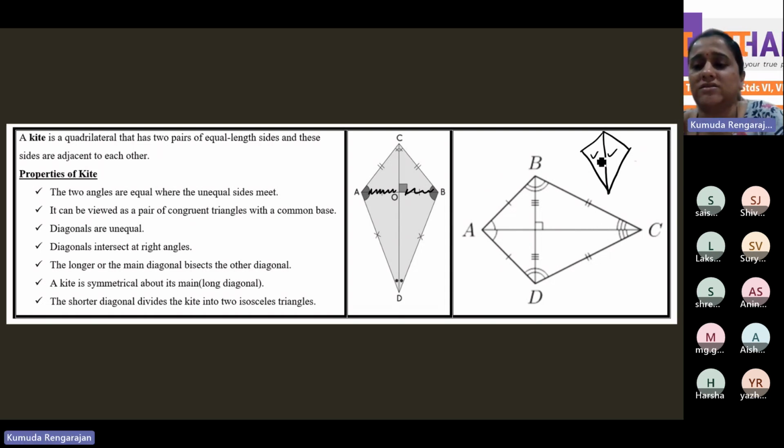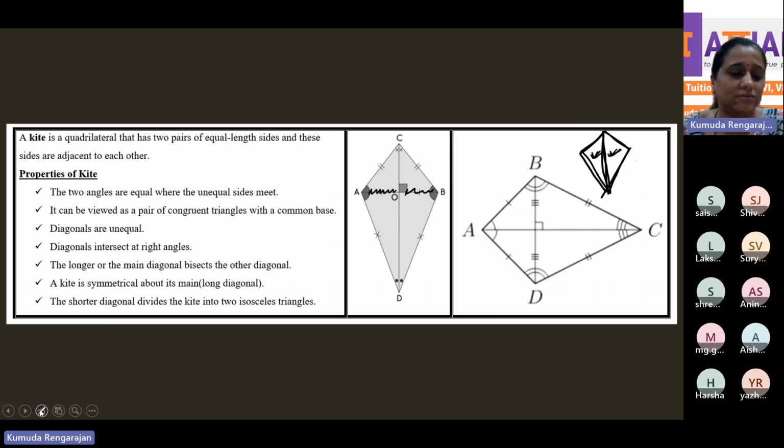So these two triangles are congruent to each other. When you look at the figure as a summation of two triangles with the longer diagonal as a common base, these two triangles are congruent triangles.